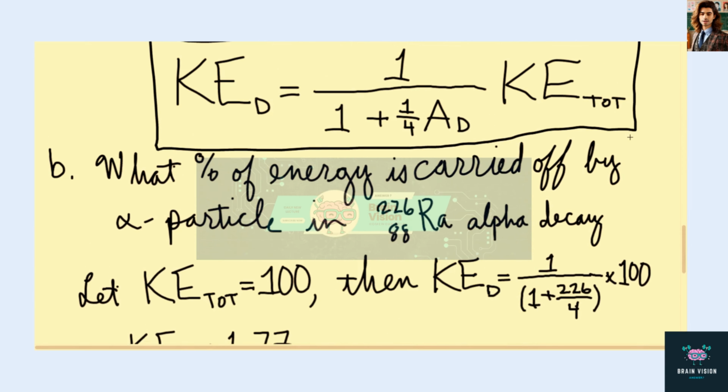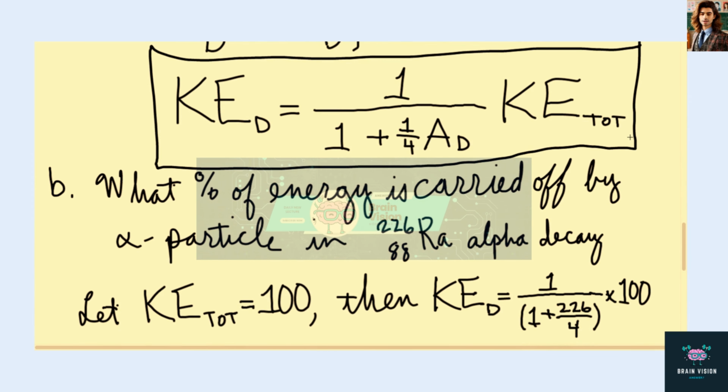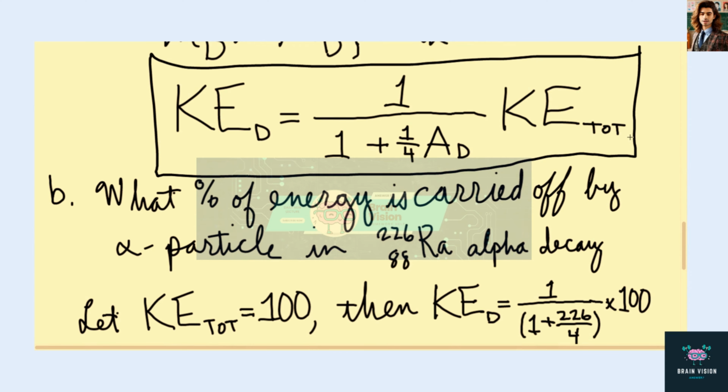For part B, we are asked what percent of energy is carried off by the alpha particle in a specific radon 226 isotope alpha decay reaction. And we have this nice expression that we just derived.